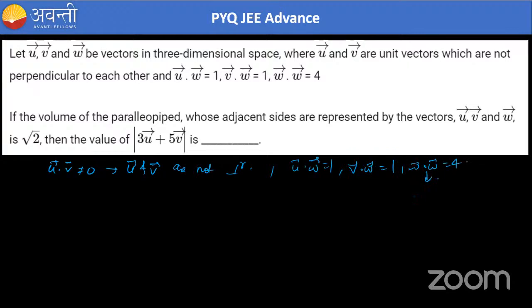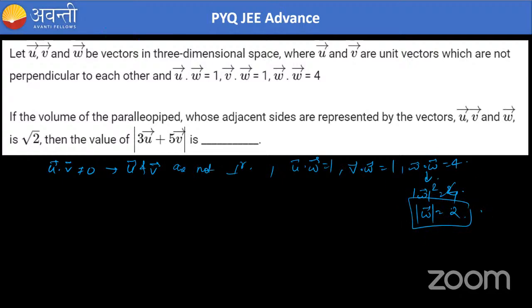So, w bar dot w bar is mod w squared, which is equal to 4. So mod of w will be equal to 2, right? So, we know now from this that mod of w is equal to 2.